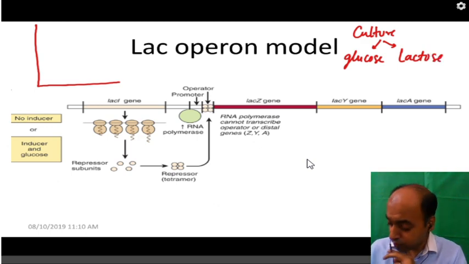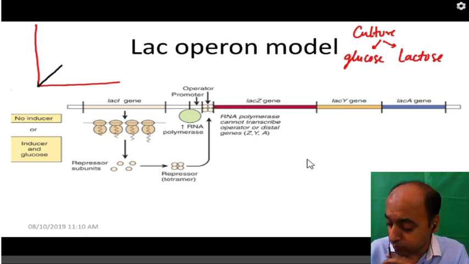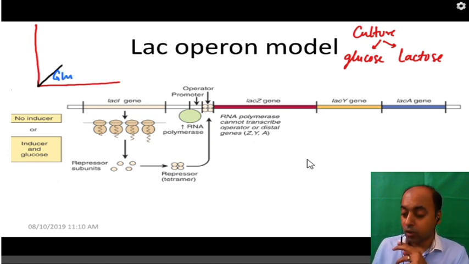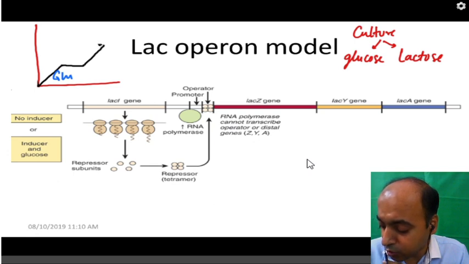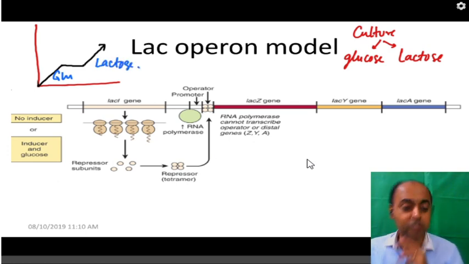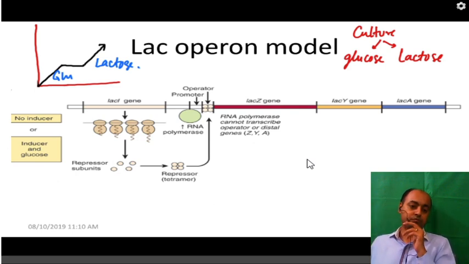What you find is that for the initial growth, the bacteria uses only glucose. Even though lactose is there, it is not used. Once glucose gets exhausted, there is a plateau phase, after which the growth starts again. But in this phase, the lactose is used. So this means that glucose, as long as it is present, will prevent the consumption of lactose. That's how and why it happens.